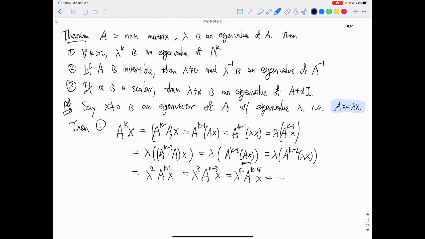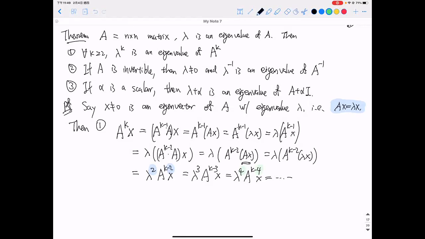Right, so the point to notice is that the number of copies of lambda you get is the number of copies of A you lose.